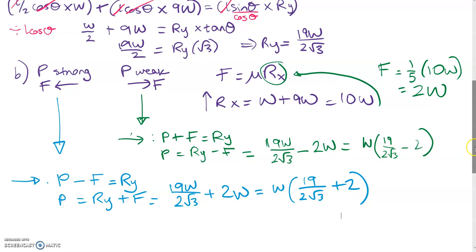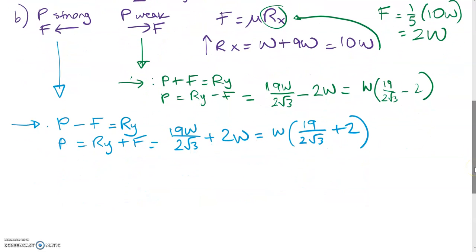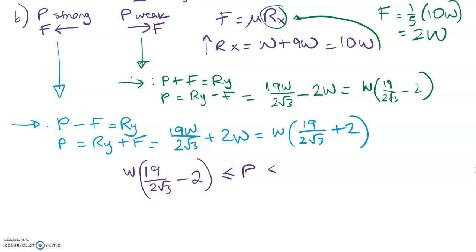So what's the range of values that P can be? We need to write it as an inequality. So we say 19 over 2 root 3 minus 2 is the minimum, and P can be in between that value and the maximum value, also including those values.